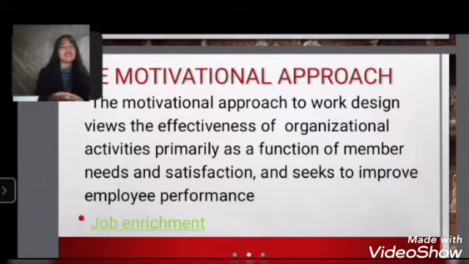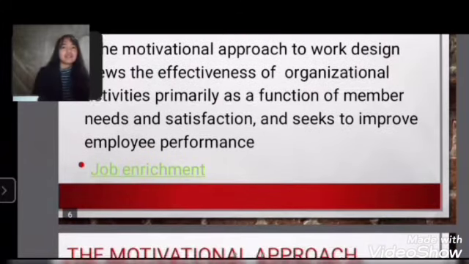It recognizes the need to design jobs that are rewarding and interesting, which can satisfy employees' needs for growth, responsibility, and recognition. Job enrichment is connected to the motivational approach, which seeks to enrich work experiences by creating jobs that enhance need satisfaction.